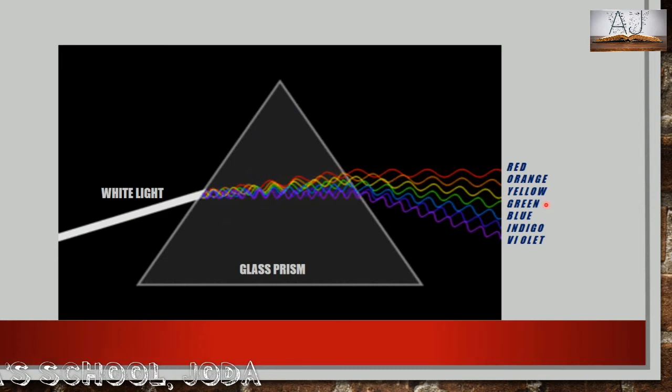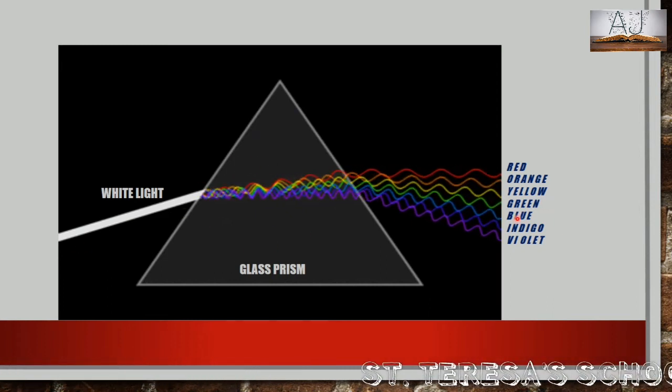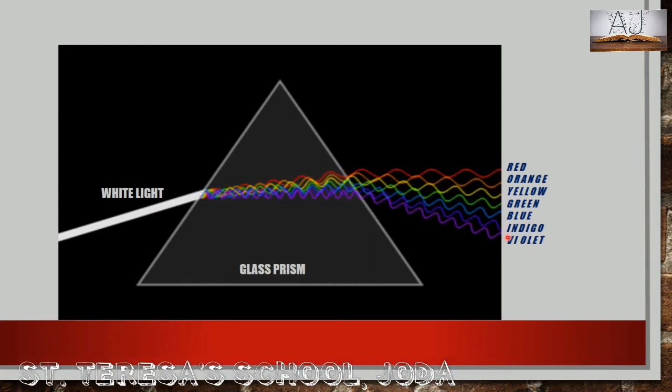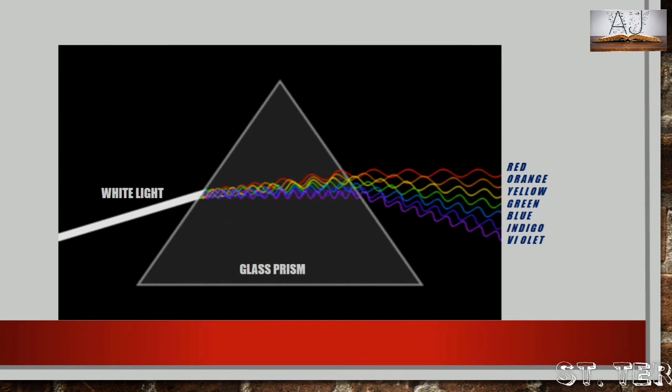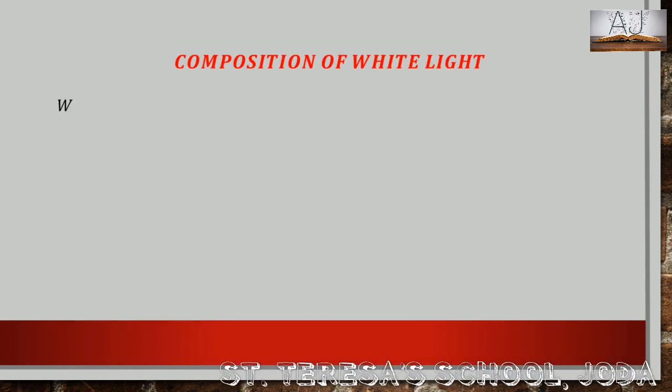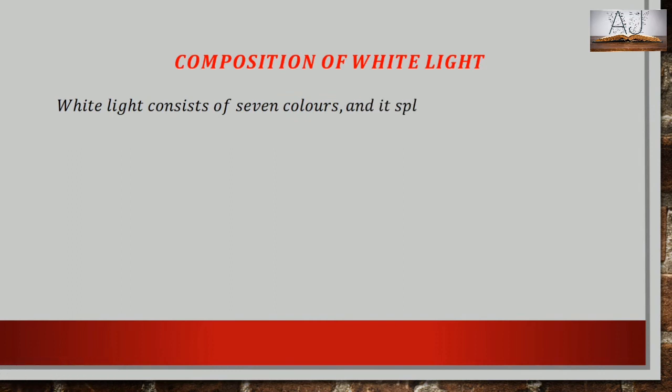Now what is this? A white light which is composed of 7 colors, when it's incident on the surface of a glass prism, then this white light splits into the 7 colors. Composition of white light. Yes, white light is composed of 7 colors.